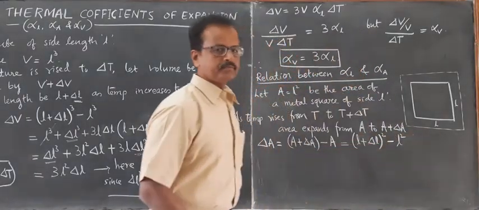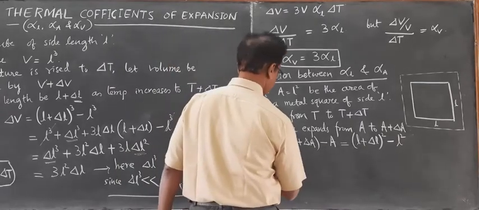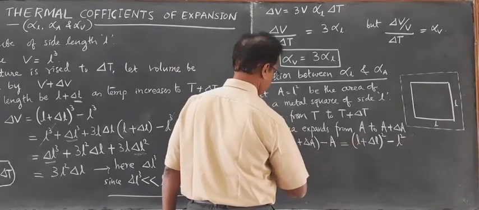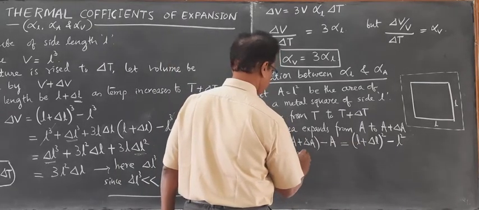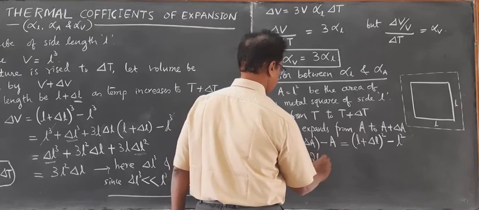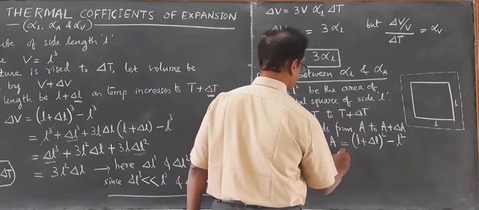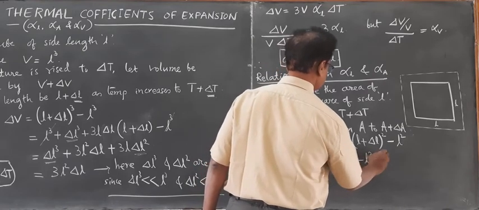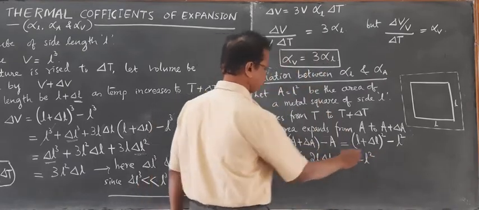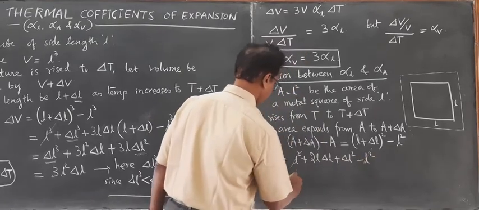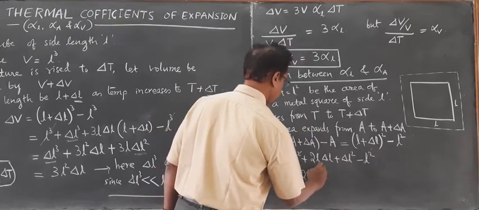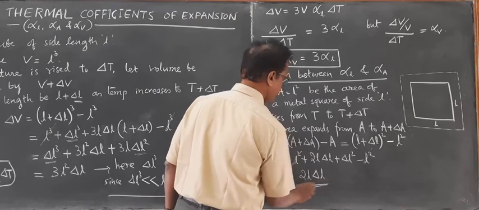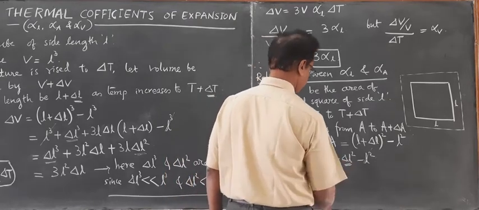Now you can simplify. Expand this. We get L square plus 2L delta L plus delta L square minus L square. L square cancels. Therefore, you are left with 2L delta L, and again we are neglecting delta L square.